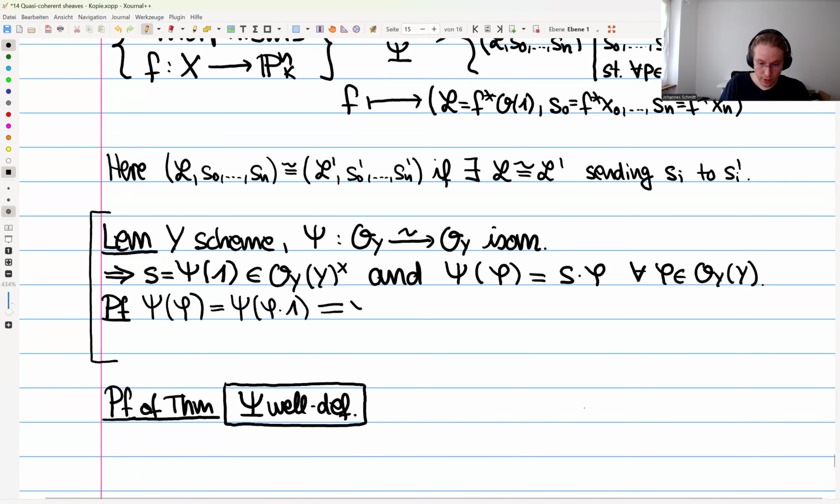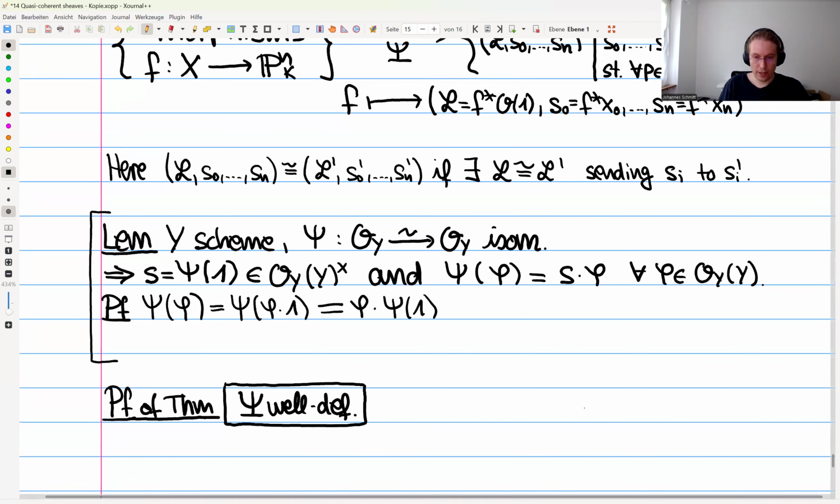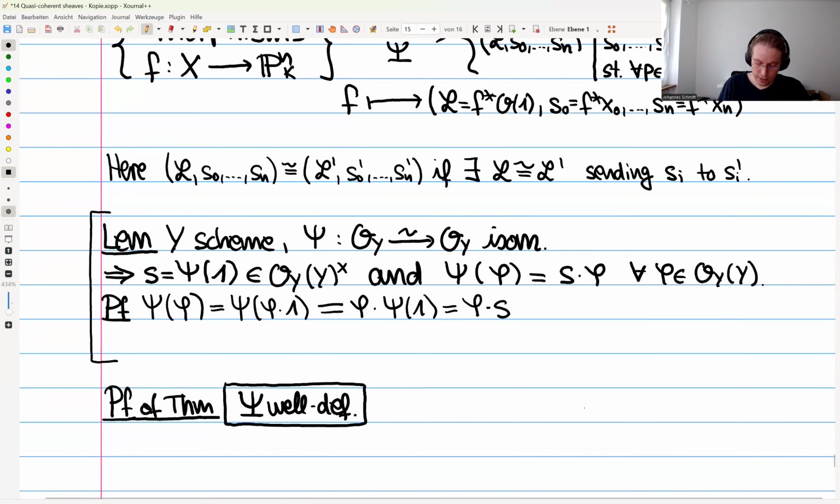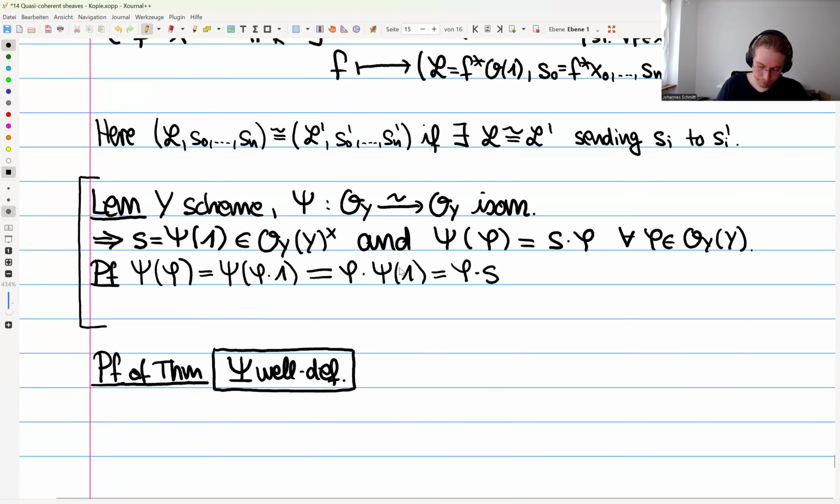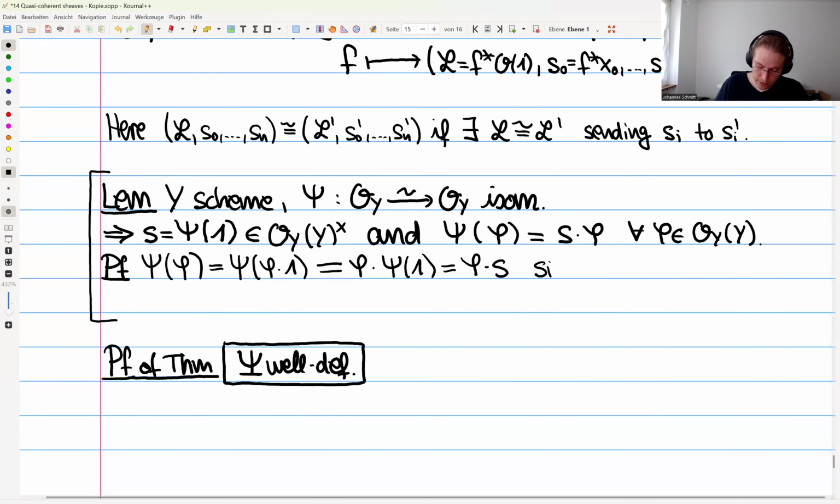So we can just pull out phi like this. And then by definition, this psi of 1 is just s. So this second part here is basically automatic. It's just a statement that psi is an O_Y module homomorphism. So let's also write this down.